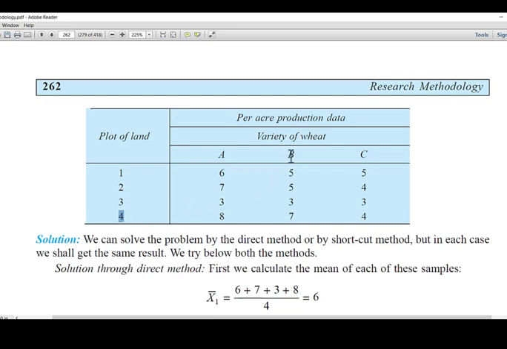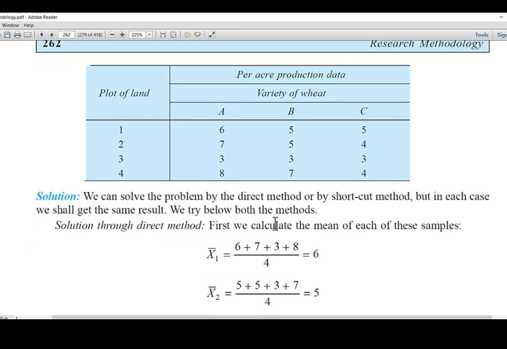Now the B variety of wheat, when it is sown in these 4 plots of land, the production is 5, 5, 3, 7 units. And when C variety of wheat is sown in 4 plots of land, then the production is 5 units, 4 units, 3 units, 4 units per acre.